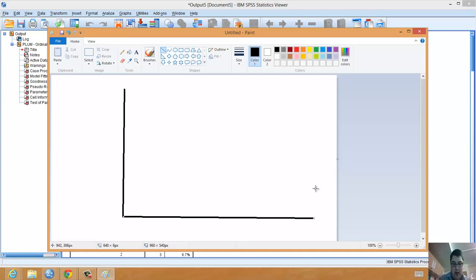What SPSS wants to happen is it wants to have all the dependency scores, the most severe scores, up here, and all the no concerns scores here.